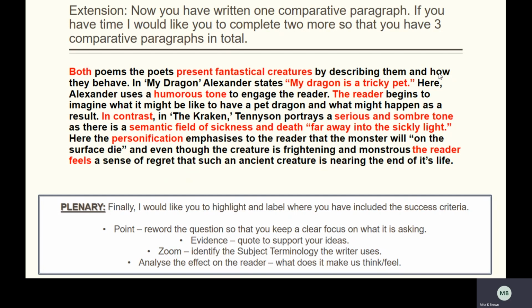So have a look back, just double check capital letters, full stops, spellings. I think the rest of the feedback was fairly individual rather than general. So just have a look back at what I've said to you. If I've said, oh, fantastic, wonderful work, then there are very few mistakes in there. So that's wonderful, and I'd like to see the same thing again.